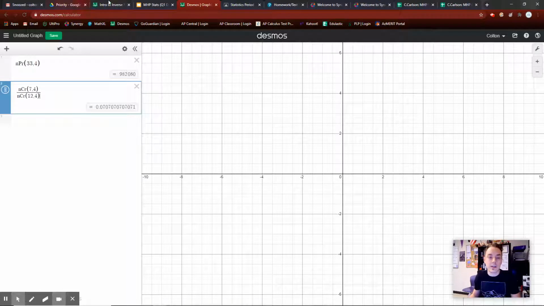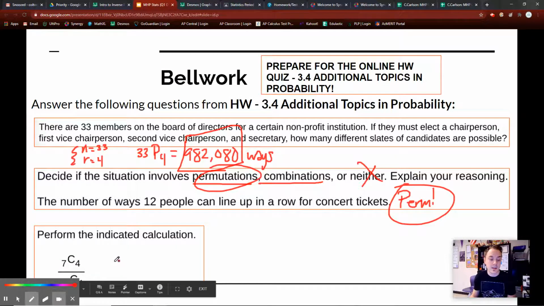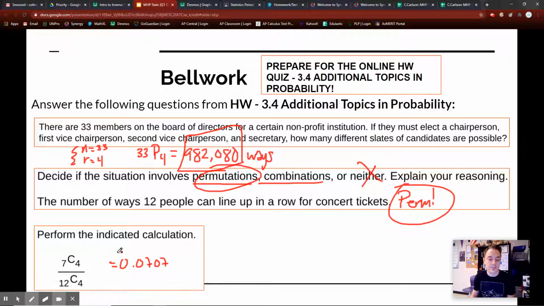Let's go back and double check. Yep. So that means I have 0.0707. And that is my combination answer, 0.0707. Boom. Okay, so I hope that helps. I hope that makes sense for you guys.